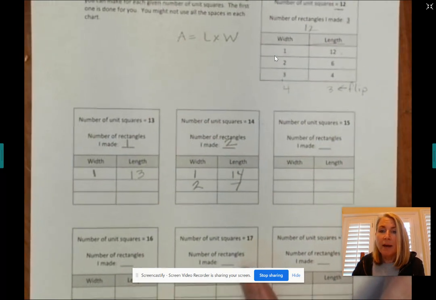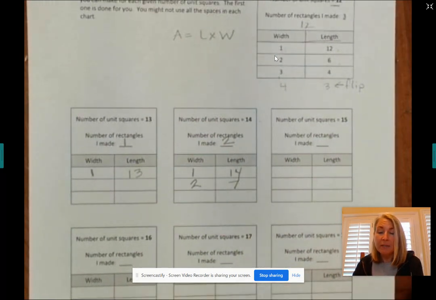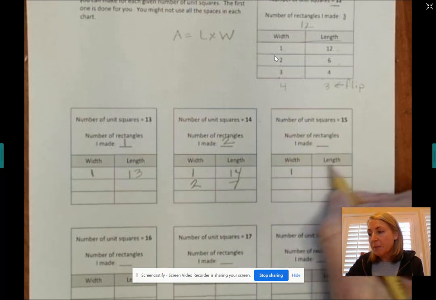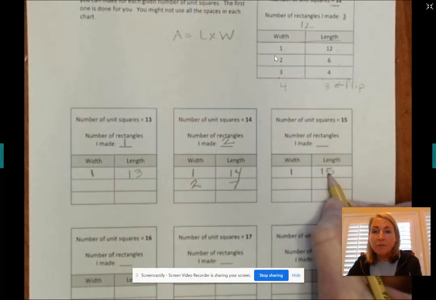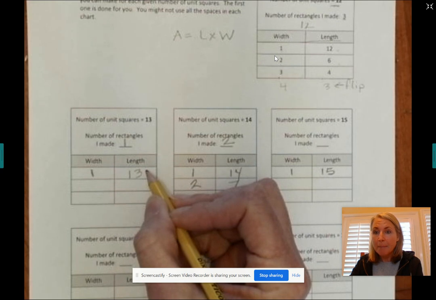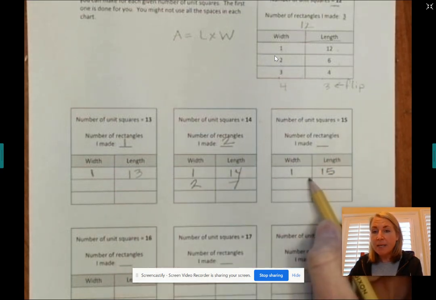Continuing on, I have 15. And here you can really see where it comes in handy to have those math facts mastered, because you have to keep working through fact after fact to find that area. For 15, we all know there's going to be a 1 times 15 for sure. Now, 15 is an odd number, and it looks like it could be prime, like 13. But it's not, because there is something else that can multiply up to 15.